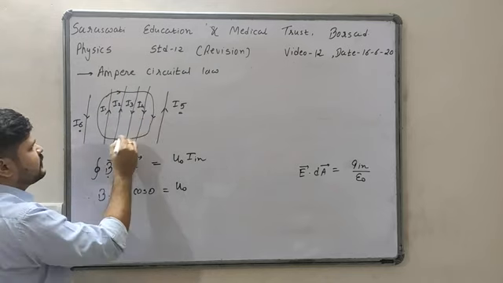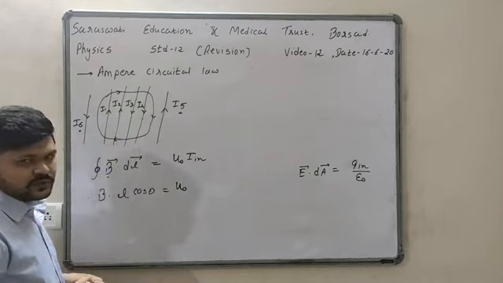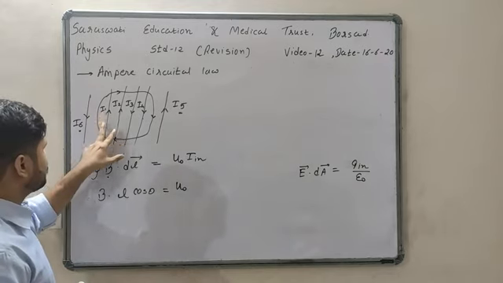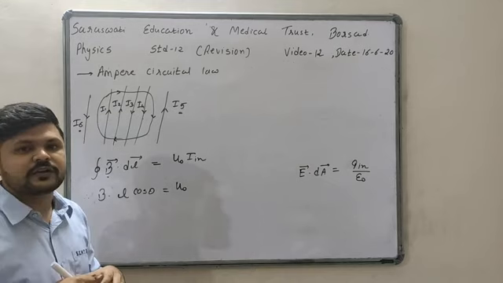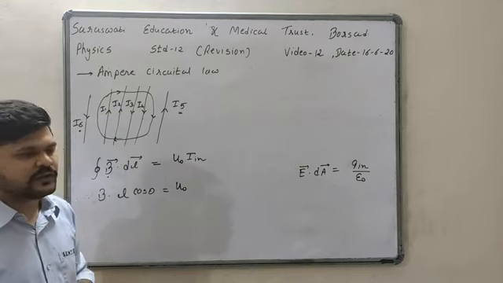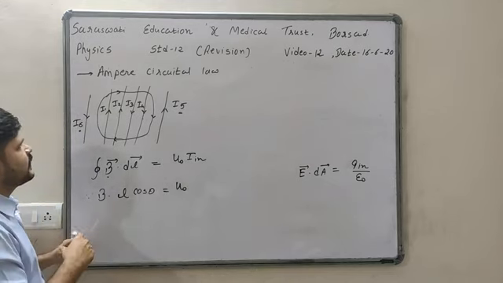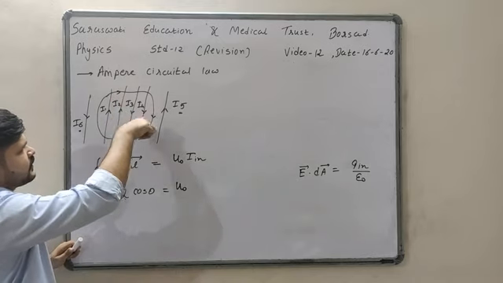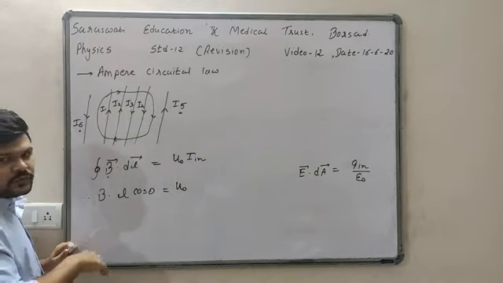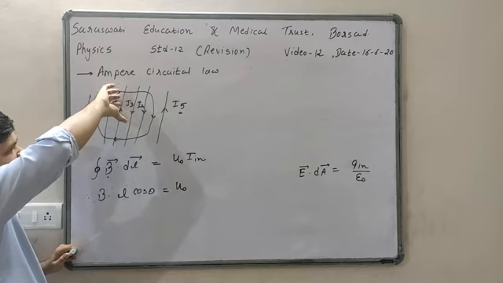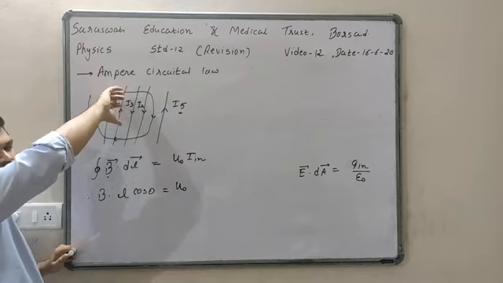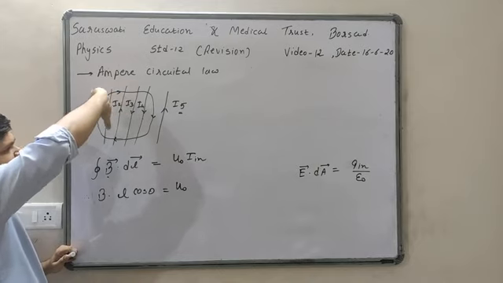Suppose the loop is in this direction. Now, here there is a question. Two currents are in upward direction, two currents are in downward direction. Which current will we take positive and which negative? There is one method. Here the loop is in clockwise direction. So curl your fingers in the clockwise direction, the direction of the loop.